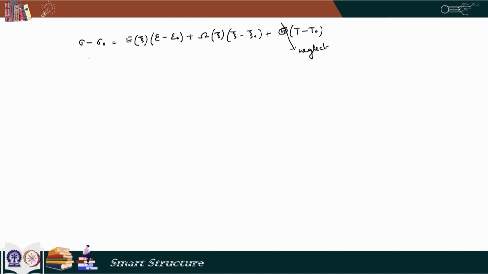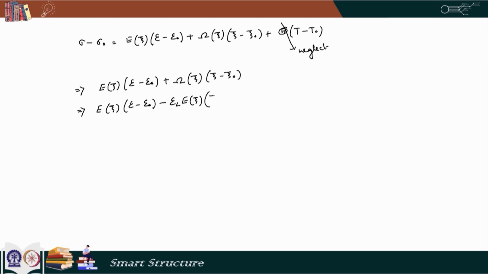So, the left hand side is 0 and that leaves us with E as a function of xi multiplied by epsilon minus epsilon 0 plus omega as a function of xi multiplied by xi minus xi 0, and then we have E again as a function of xi multiplied by xi minus xi 0 minus epsilon L into E as a function of xi, because we know that omega is equal to minus epsilon L multiplied by E, and that entire thing multiplied by xi minus xi 0. So, and that right hand side is 0.